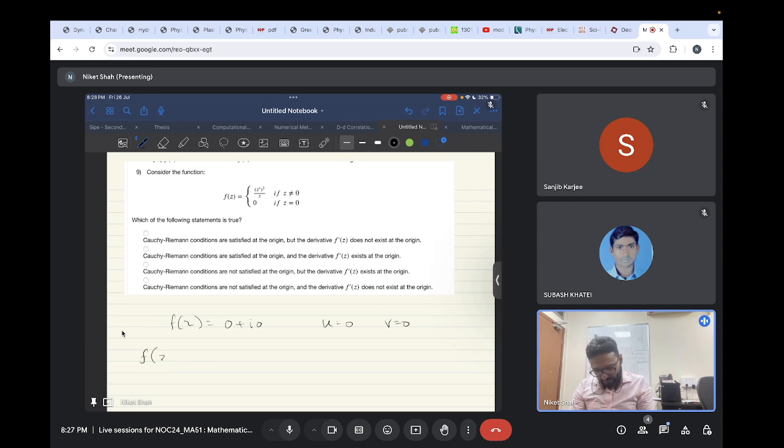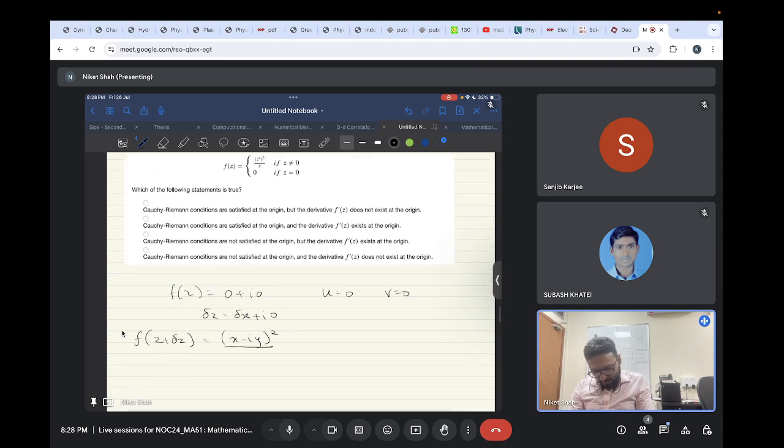F of z plus del z, where initially del z is equal to del x plus i into 0. I'll have to write the x and y form of this function. It's right now in z star square divided by z form. So let's write it in that manner. X minus iy the whole square divided by x plus iy.